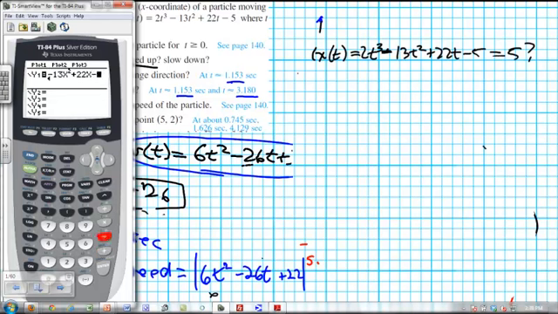Okay, so there's my position equation in y1. And here I am trying to find out when does that equation equal 5. And now I'm going to graph them simultaneously.